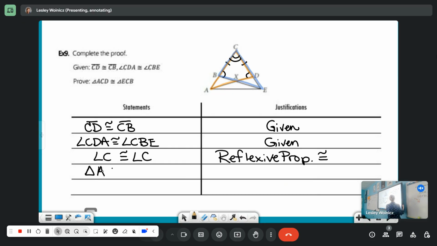Triangle ACD is congruent to triangle ECB by angle side angle. Easy enough?